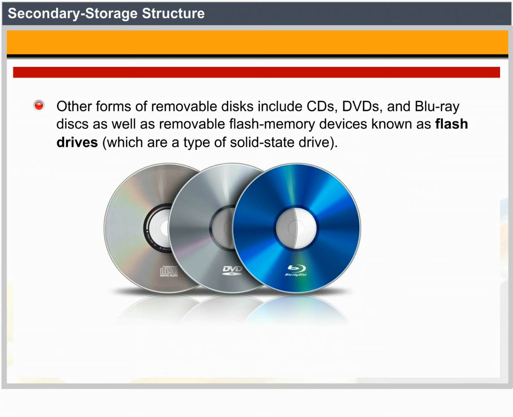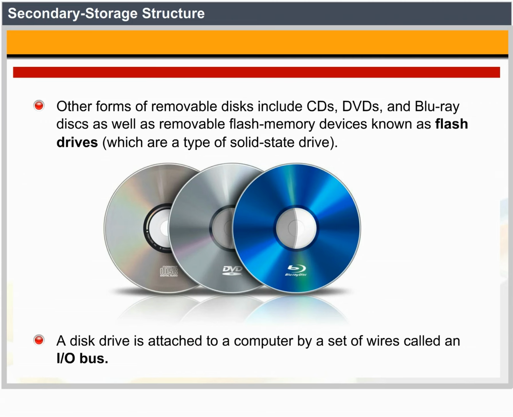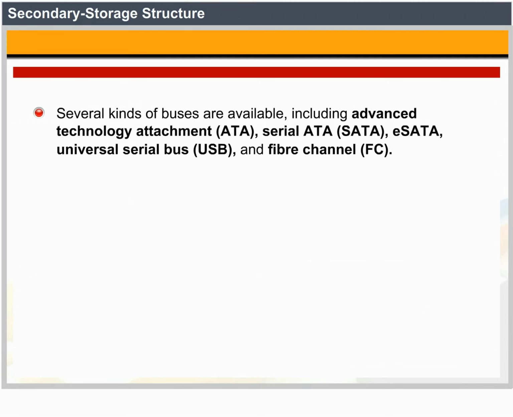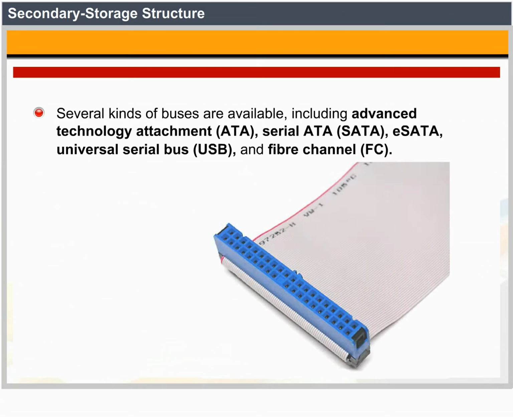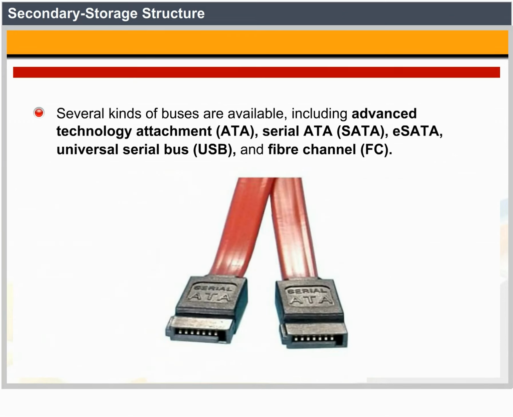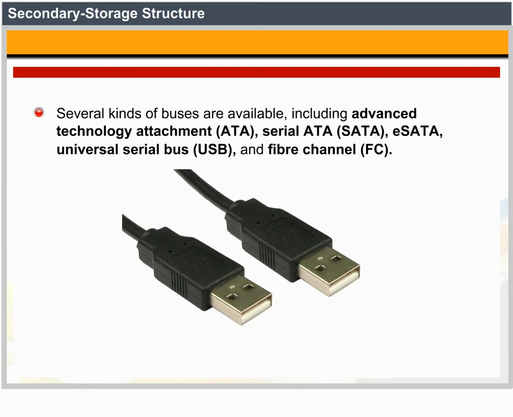A disk drive is attached to a computer by a set of wires called an input-output bus. Several kinds of buses are available, including Advanced Technology Attachment (ATA), Serial ATA (SATA), eSATA, Universal Serial Bus (USB), and Fibre Channel (FC).